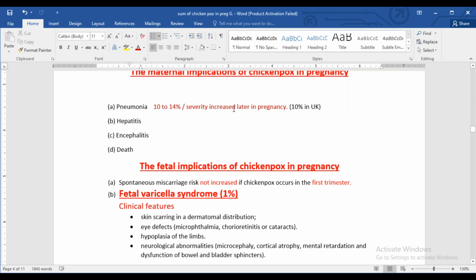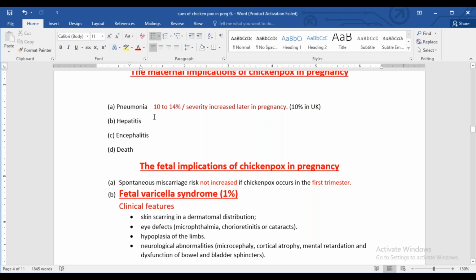The more the woman is near term, the more severe the complication will be. In the UK guideline, they stated it's 10%. So here they give a range of 10 to 14, and there it's 10. It is mostly the same, but just a few differences to spot.